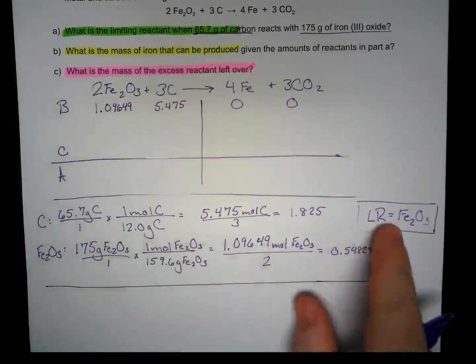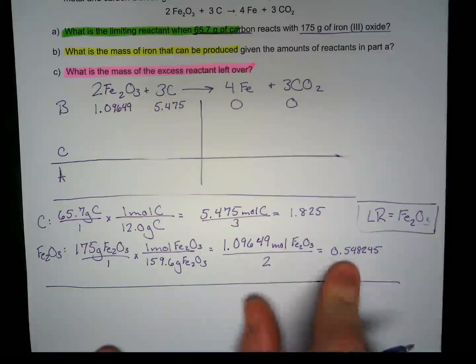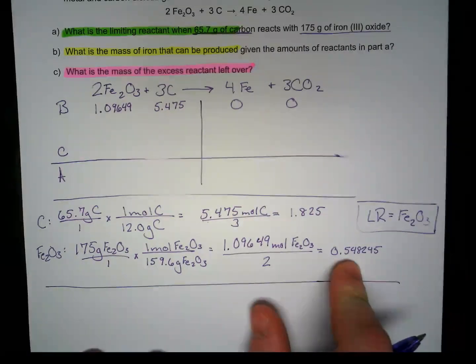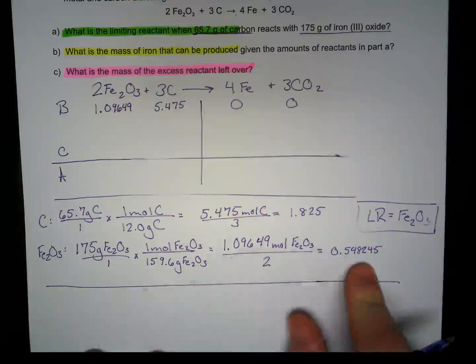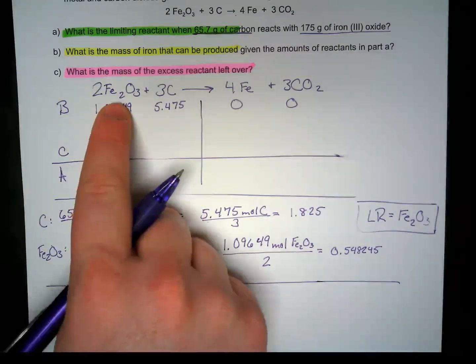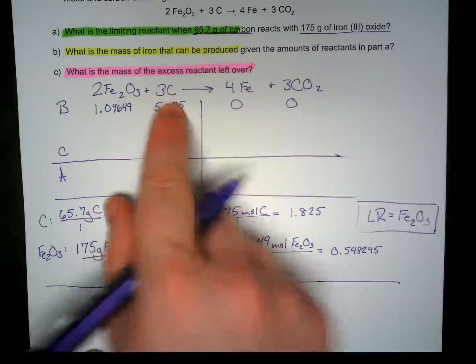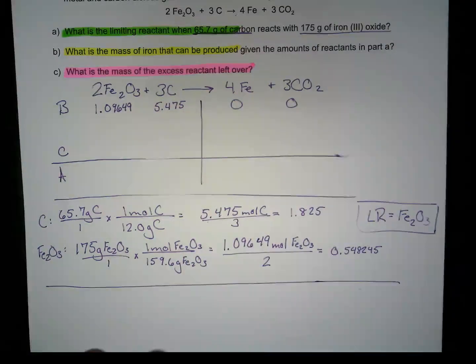Because we know iron oxide is going to be the one that runs out first, we're going to use that multiplier that we've got right here. We're going to use it to multiply against all of the coefficients, because this determines how much of each substance will get used up and how much we expect to be produced.